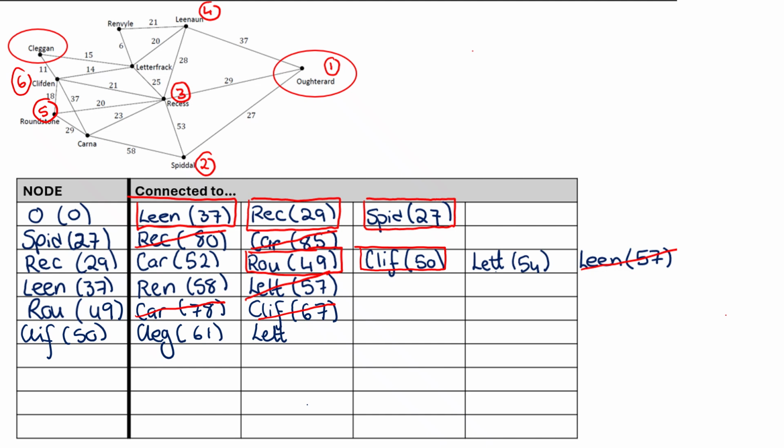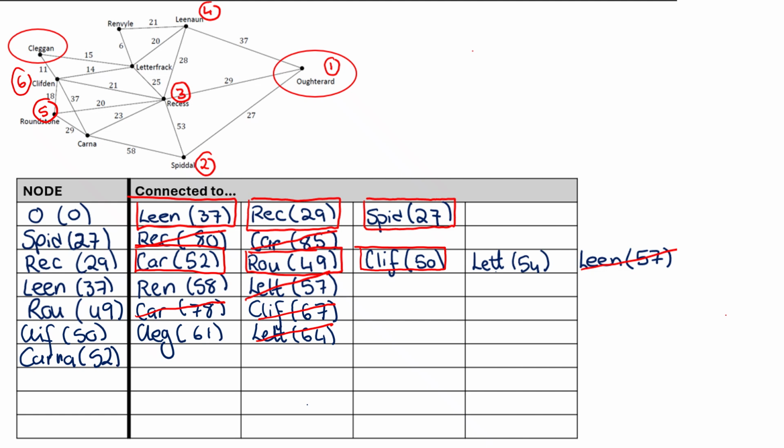We also have letter franc, which we haven't locked in yet, so it's actually fine to go back to that. Now that is a duplicate and this is higher, so we are going to leave that one. Our next smallest is going to be, so that is 52.